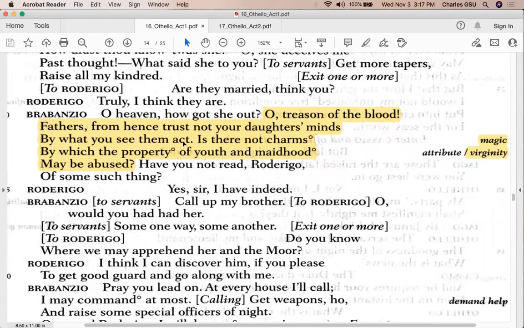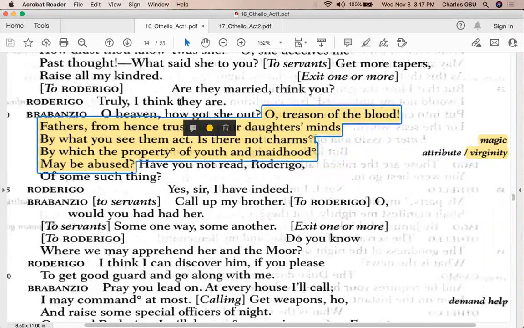And notice what he says of what he thinks of what's happened with Othello, or the elopement. "Oh, treason of the blood," that is, my daughter, who's my blood relative, has betrayed me. "Fathers, from hence trust not your daughters' minds by what you see them act." In other words, just because they may act all goody two-shoes doesn't mean your daughters are behaving in a ladylike manner.